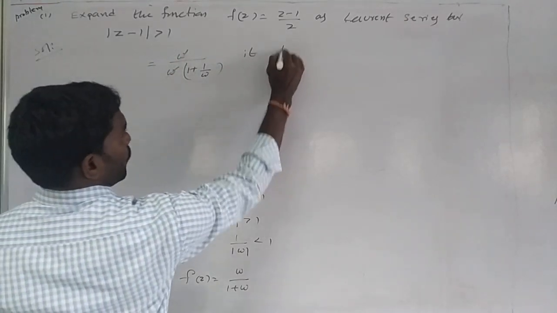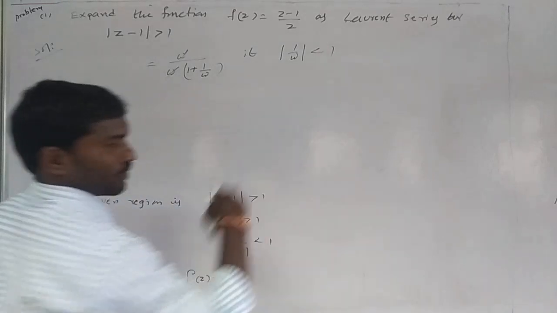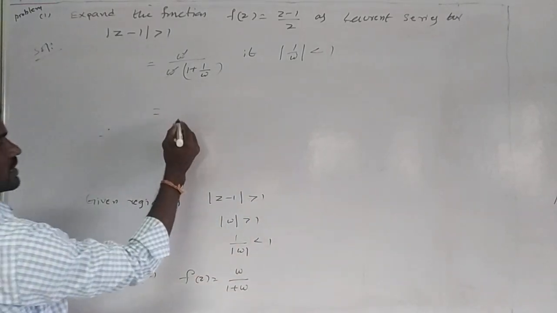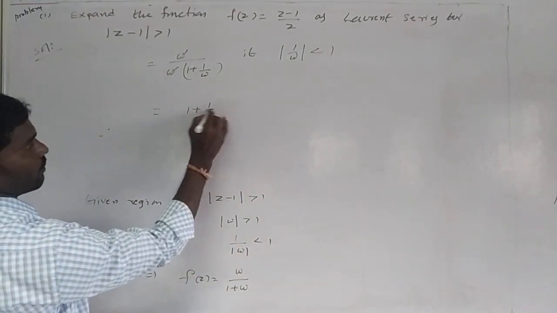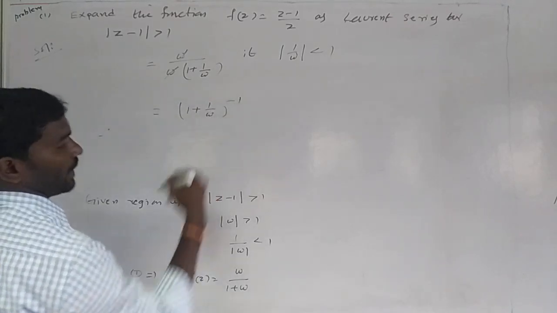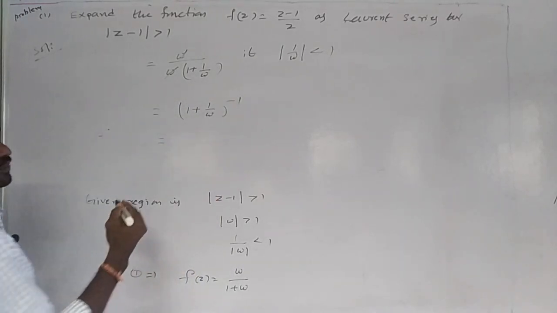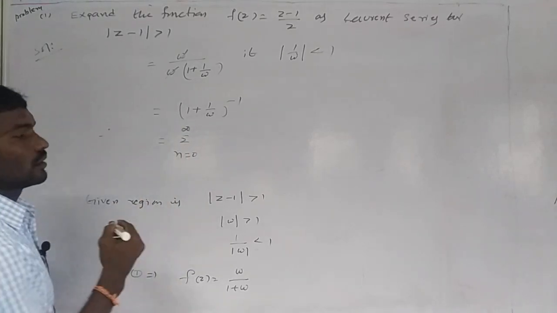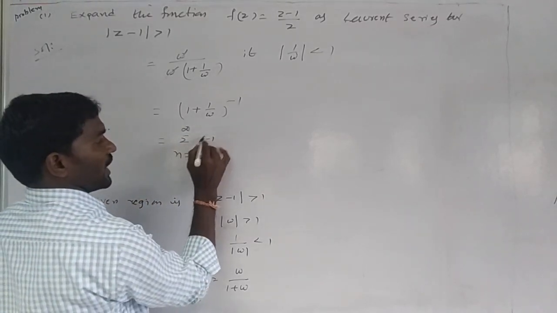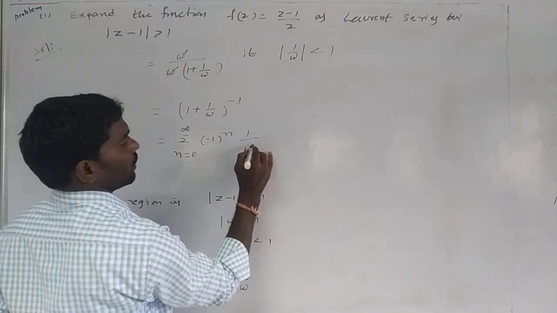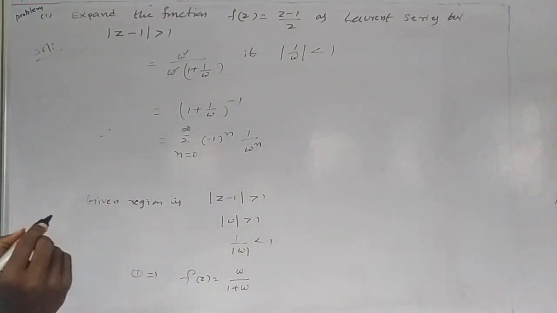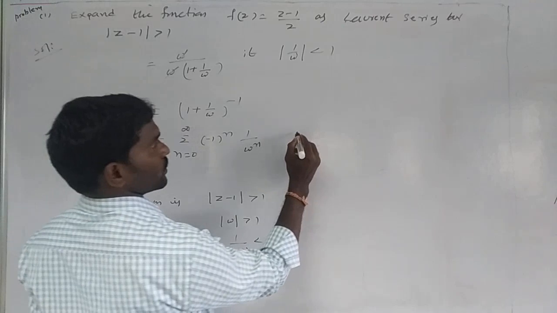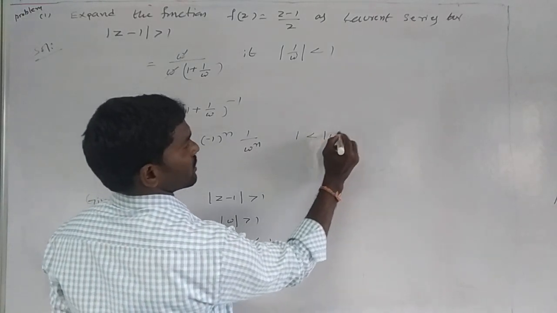If modulus of 1 by w less than 1, this value can be written as (1 plus 1 by w) whole power minus 1, that equals summation n equals 0 to infinity minus 1 whole power n, 1 by w power n, where 1 less than modulus of w.